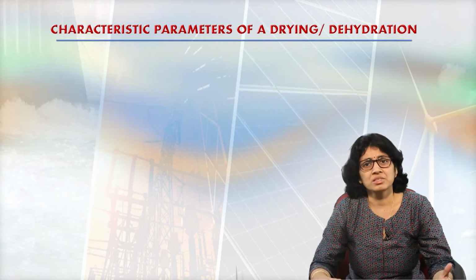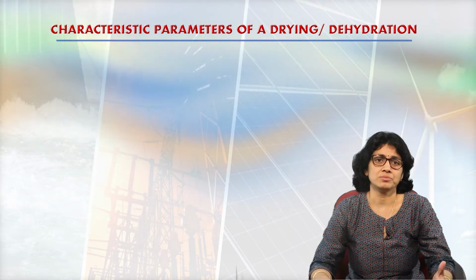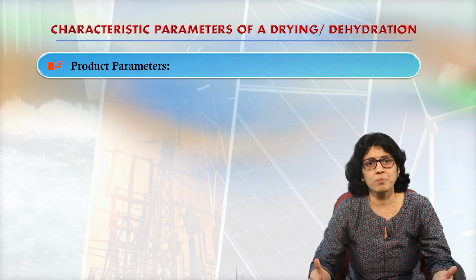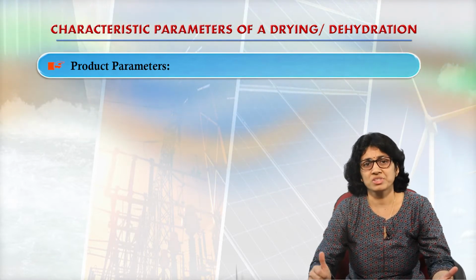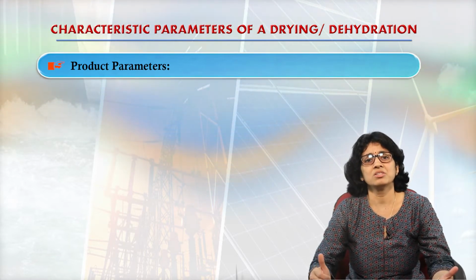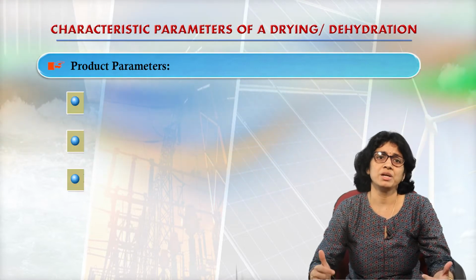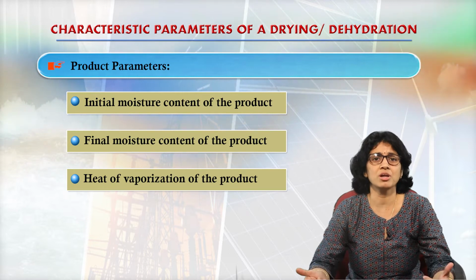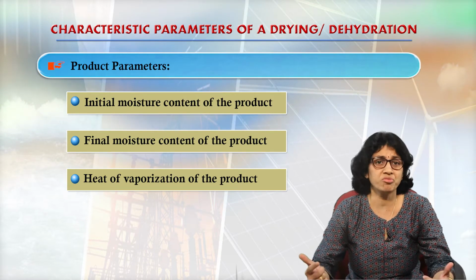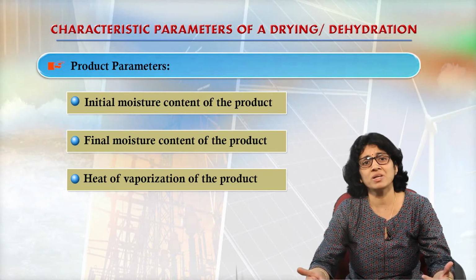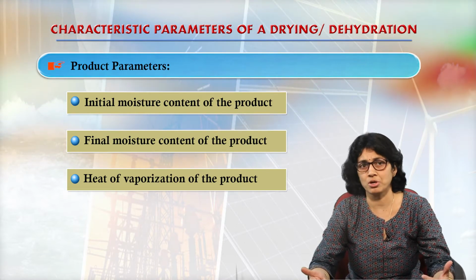What are the characteristic parameters of drying? There are three parameters. First one is the product parameters, second process air parameters, third is the dryer parameters. Under the product parameters, it depends on the initial moisture content of the product, the final moisture content of the product, and also the heat of vaporization of the product.